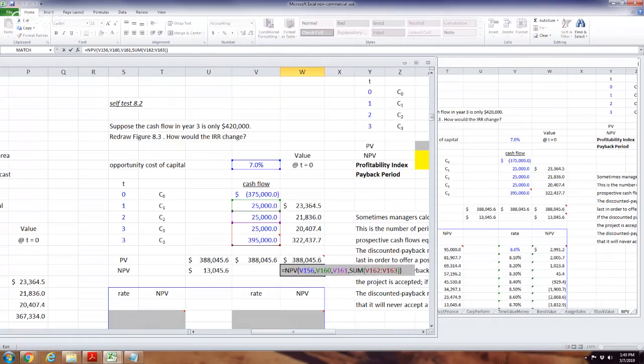Oops, we forgot to add in the initial payment. There it is. Okay, they both came out to 13 using the NPV formula, because for the last year I separated the components of that last cash flow, but you have to put them back together.